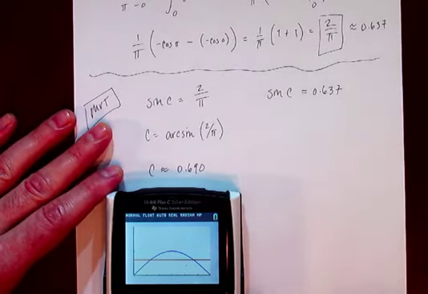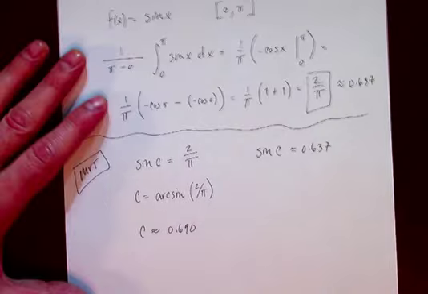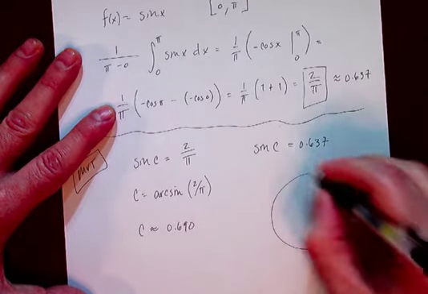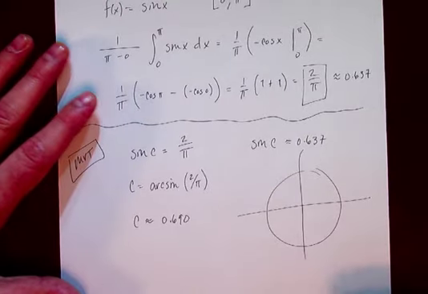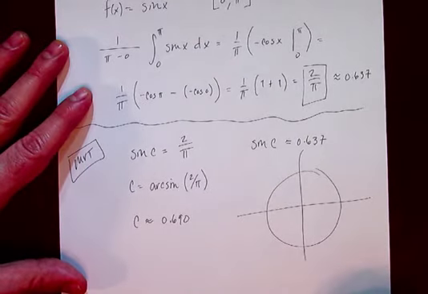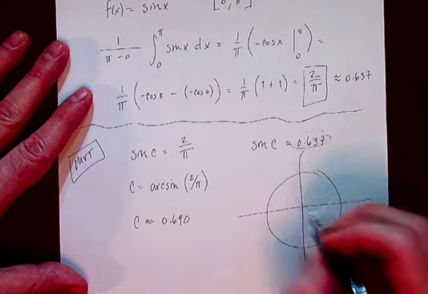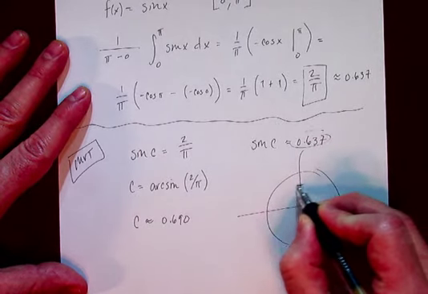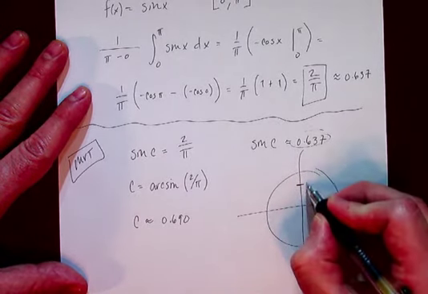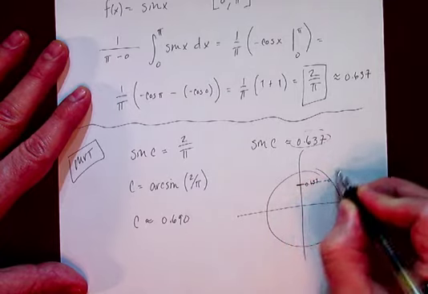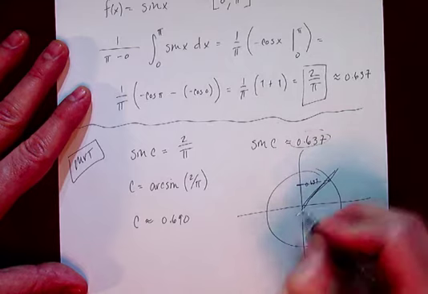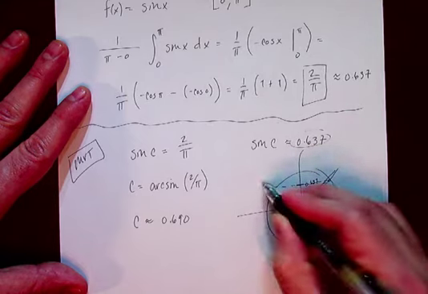You can also think about it in terms of the unit circle, right? Remember, when you're dealing with inverse trig on the unit circle, you're taking this value and you're kind of going, okay, where does sine have an output of 0.637? Well, at that angle, right? And that angle, right?